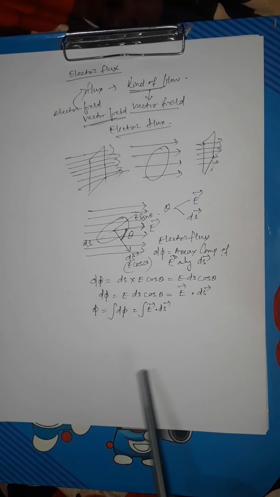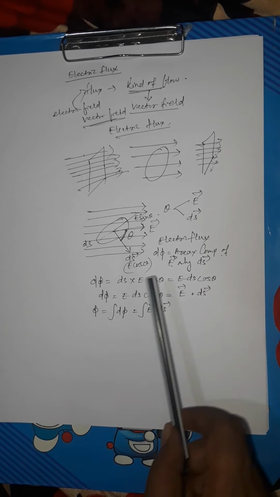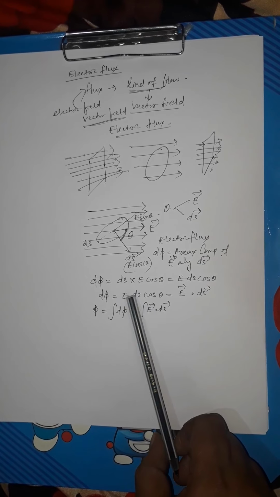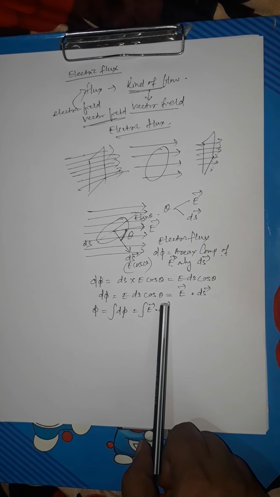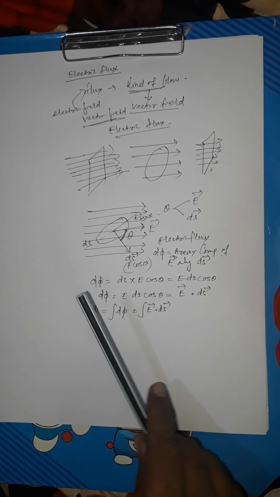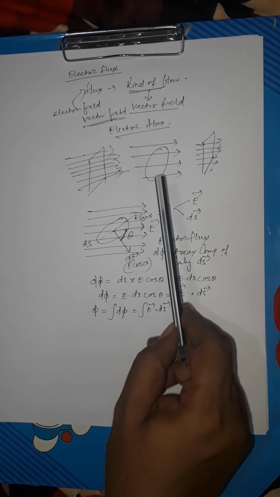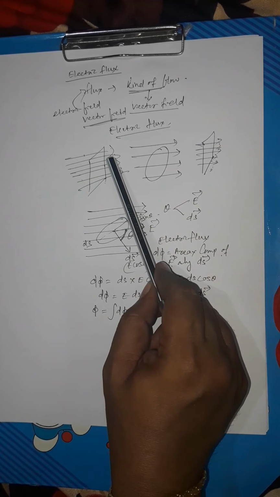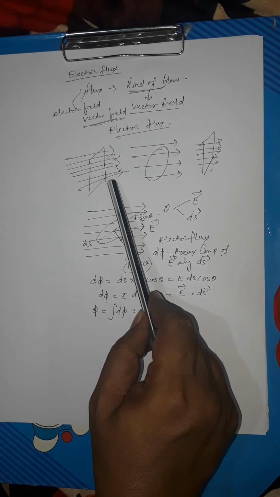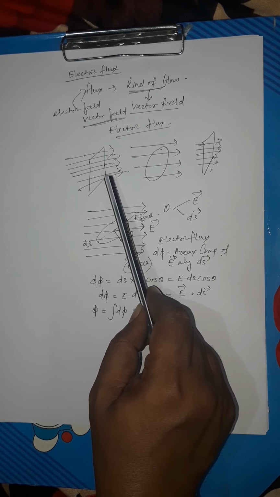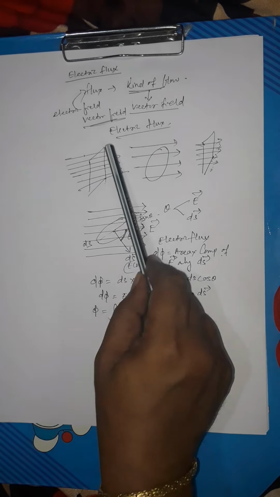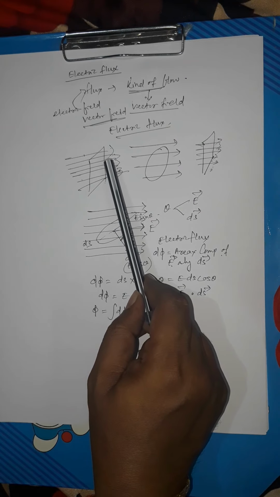As I said earlier, electric flux has two definitions, one qualitative and another quantitative. Qualitative is that electric flux through a given surface in an electric field is measured by the total number of electric lines of force passing through that surface, where the surface is held perpendicular to the direction of lines of force.